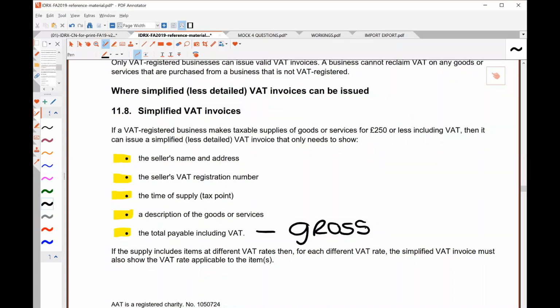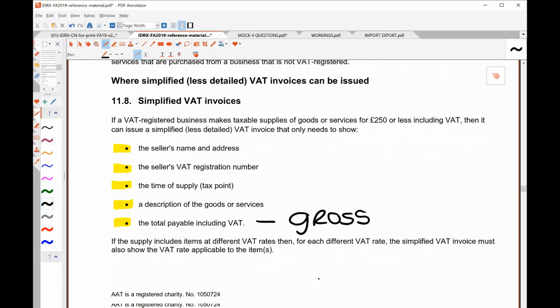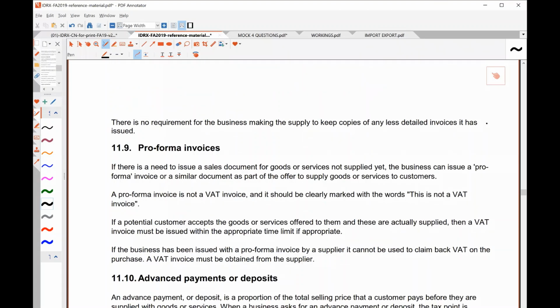And then if there's no VAT on it, it's exempt from VAT. Okay. And then I think there's a little bit just at the top. There is no requirement for the business making the supply to keep copies of any less detailed invoices it has issued.